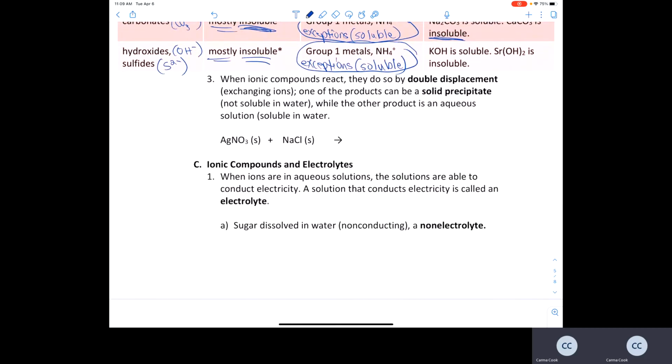Now, when two ionic compounds react, they do so by a type of reaction we saw in one of our labs earlier in the semester that we call a double displacement reaction, which means that you're changing partners or exchanging ions. So the ionic compounds will exchange ions with each other.